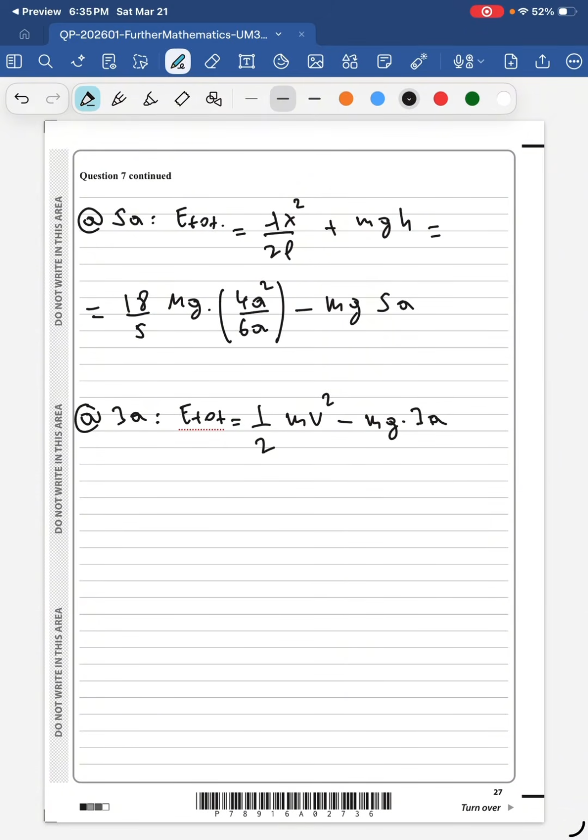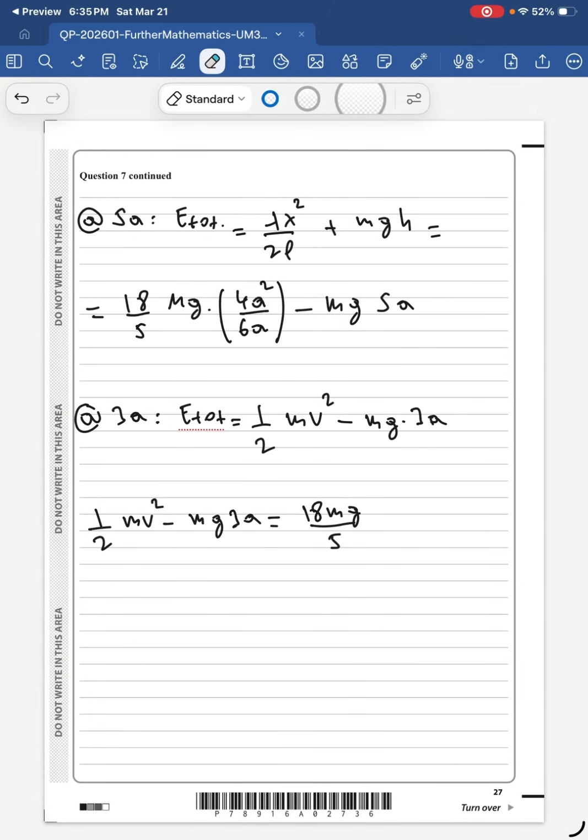At its natural length, it has no extension. So these two expressions have to be equal because the total energy is conserved. So 1/2 mv squared minus mg 3a is equal to 18 mg over 5.